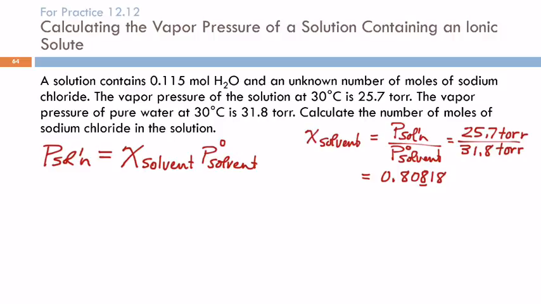So this is the mole fraction of the solvent. So what does that equal? Mole fraction of, I'm going to start calling it water because I'm tired of writing the word solvent, because water is the solvent here. The mole fraction of water then is the moles of water divided by the moles of water plus the moles of what?